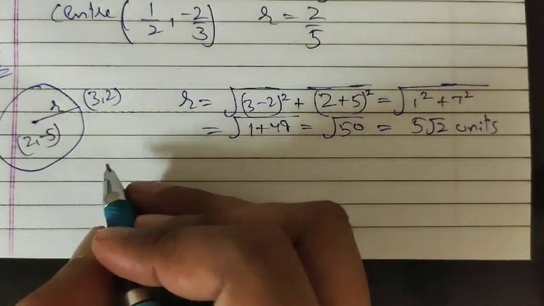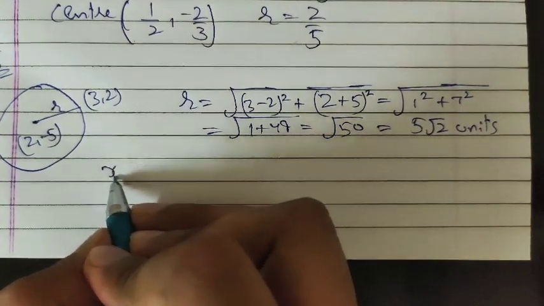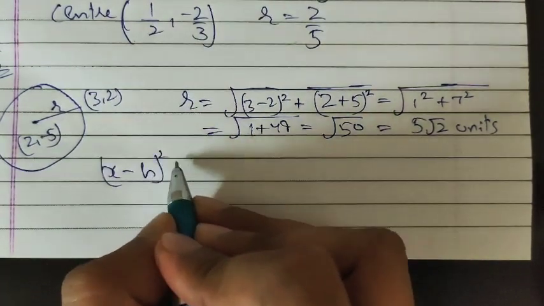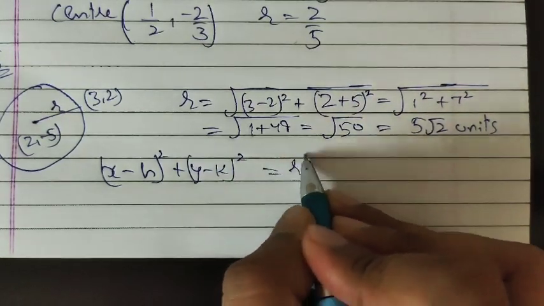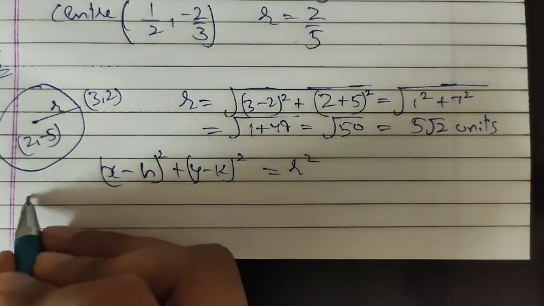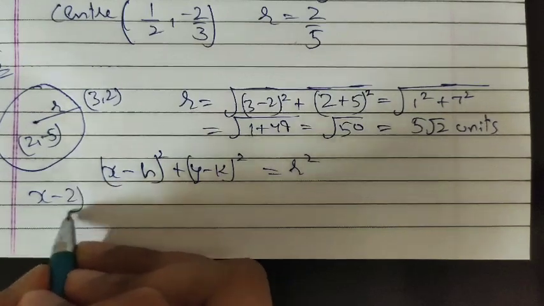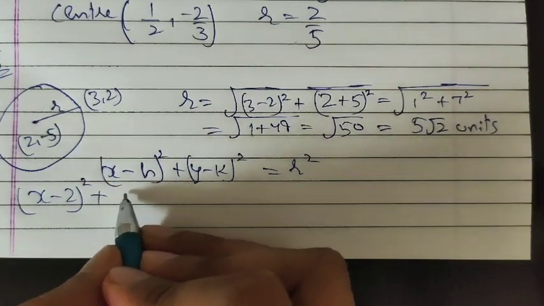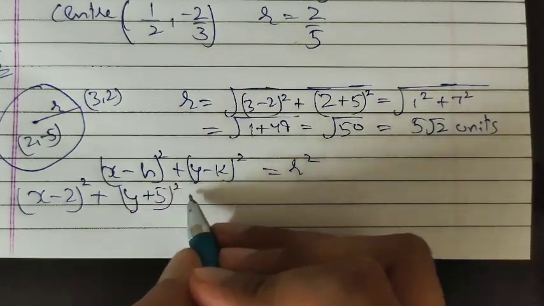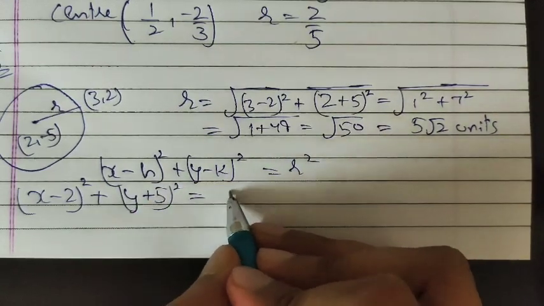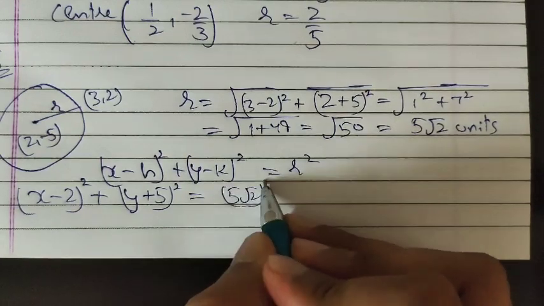Now the radius we know. Now we know the formula, (x − h)² + (y − k)² = r². So (x − 2)² + (y − (−5))², so (y + 5)² = r², which is (5√2)².